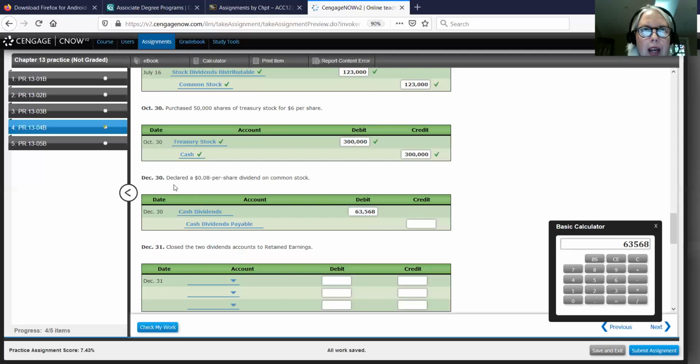It takes some time between the date that we declare the dividend to get our records together so that we will be able to pay that cash dividend in the future. They don't tell us what the payment date is in this particular problem. So we're just showing that we have declared the dividends here, that we owe it to our stockholders at $63,568.